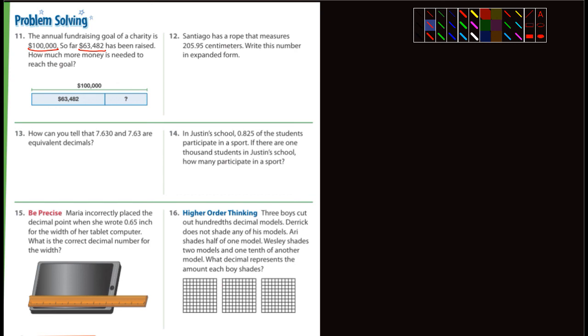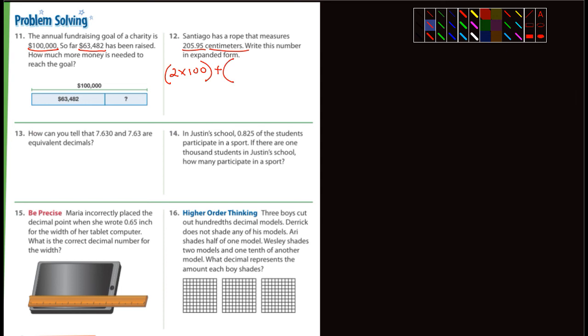Number 12, Santiago, is that what it is? Has a rope that measures 205.95 centimeters. Write this number in expanded form. Oh, that's easy. I'll start it off. How about 2 times 100 in parentheses plus, and I'll just put it in there so you're not confused.